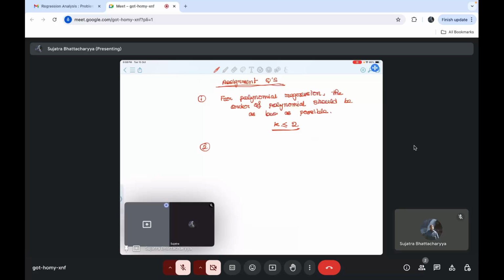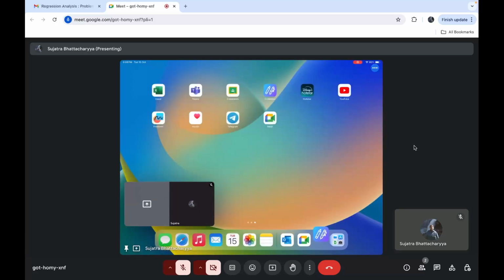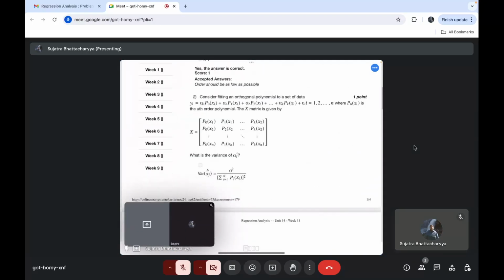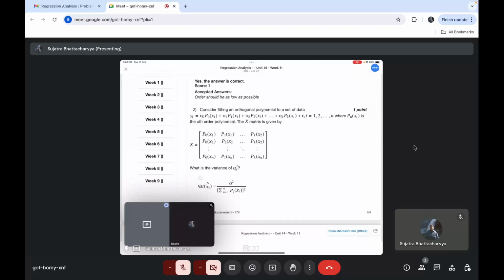Okay, let's go to the second. The second question is: consider the fitting of an orthogonal polynomial. We solved a practice question on this orthogonal polynomial in the last lecture, so it will be an easy question after that.